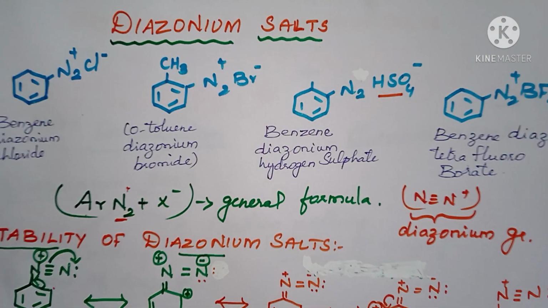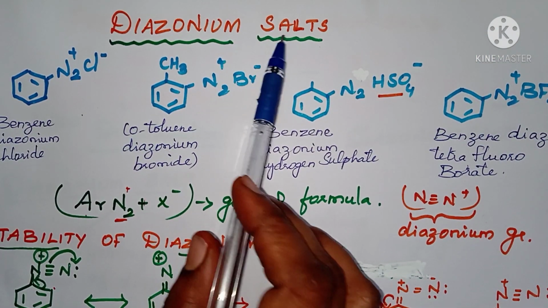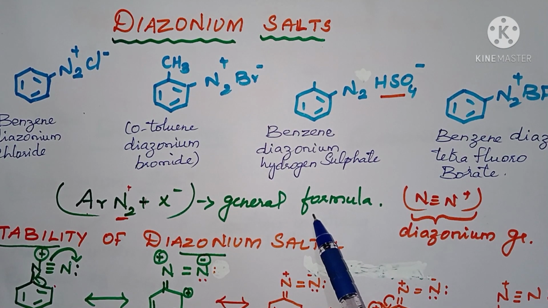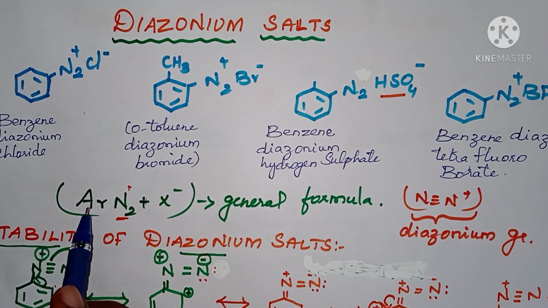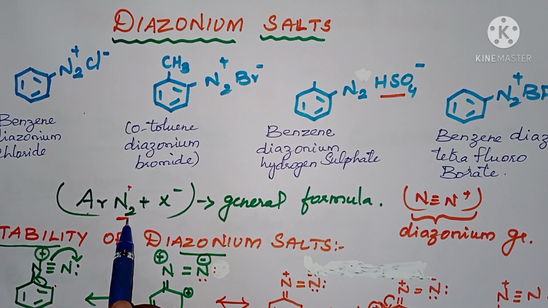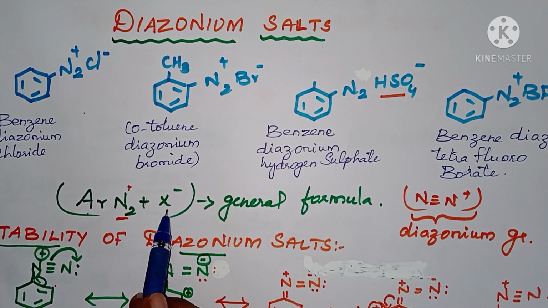Okay, first one, diazonium salts. Just now I have told about diazonium salts. So what is the general formula of diazonium salt? Aryl group attached with two nitrogens along with a halogen atom.